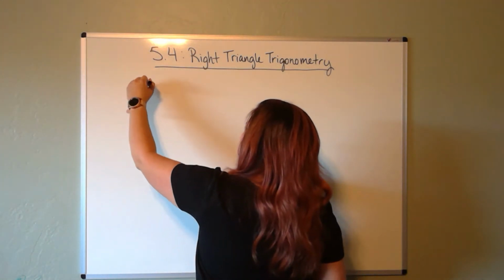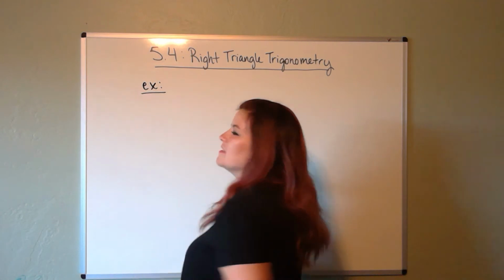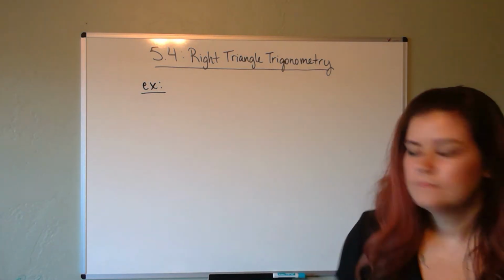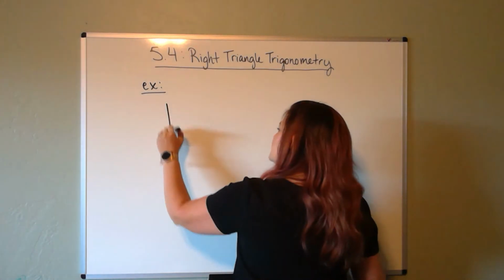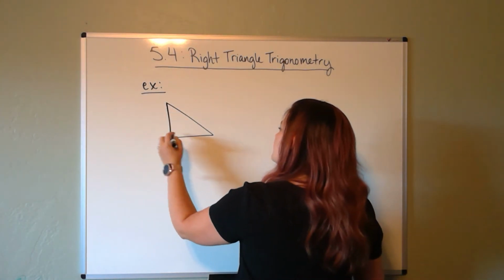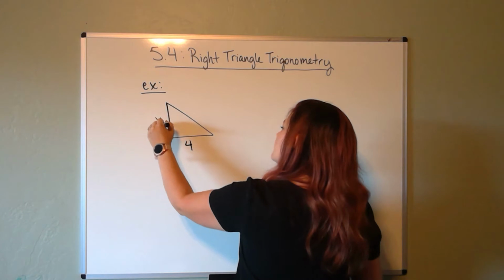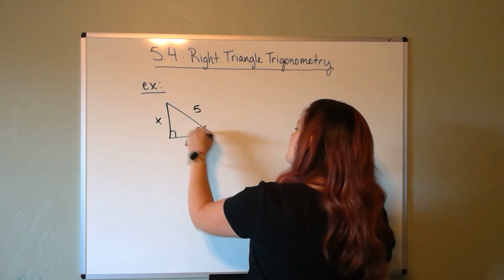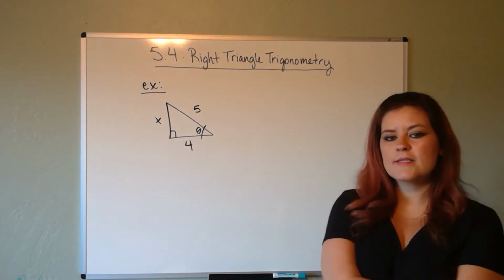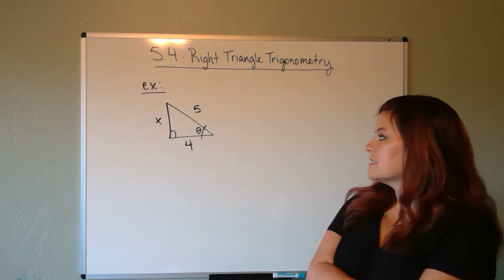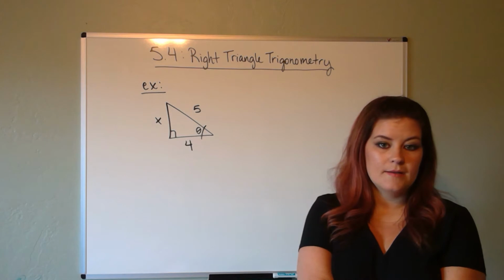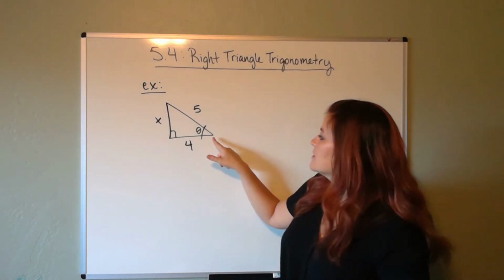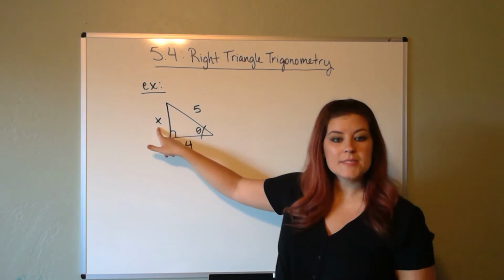So let's look at this example and talk about how to work through it using the ratios we know now. It looks just like the example we did a second ago, except we are missing a side. Let's see what side this is. If this is our theta, this is the opposite side, right?